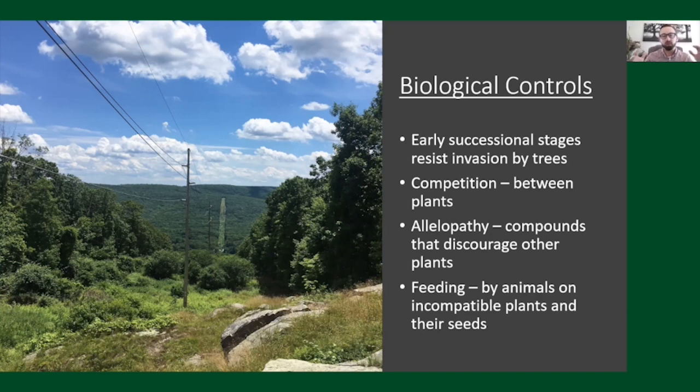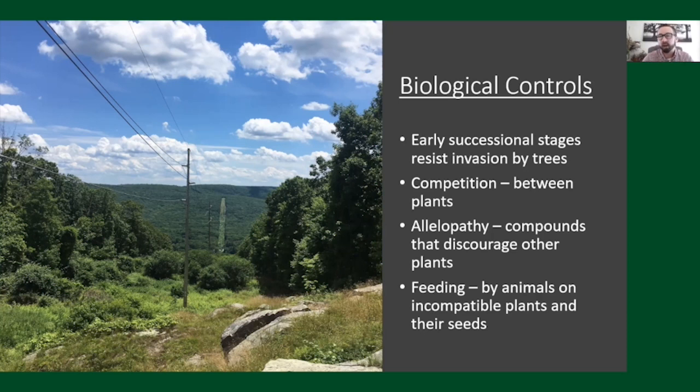As they start to grow up and occupy the space and form what we'd call a meadow, which is an early successional habitat, sort of a reset, the first stage after that reset, we start to see that these plants, as they get established, are capable of holding their ground against invasion from other plants. And they can't do this indefinitely, and without our intervention, this will eventually convert back into a forested ecosystem.